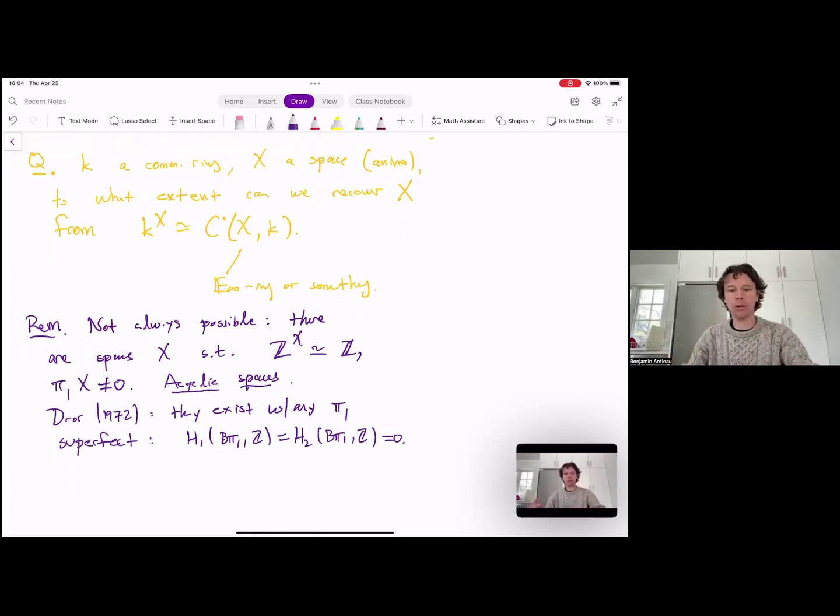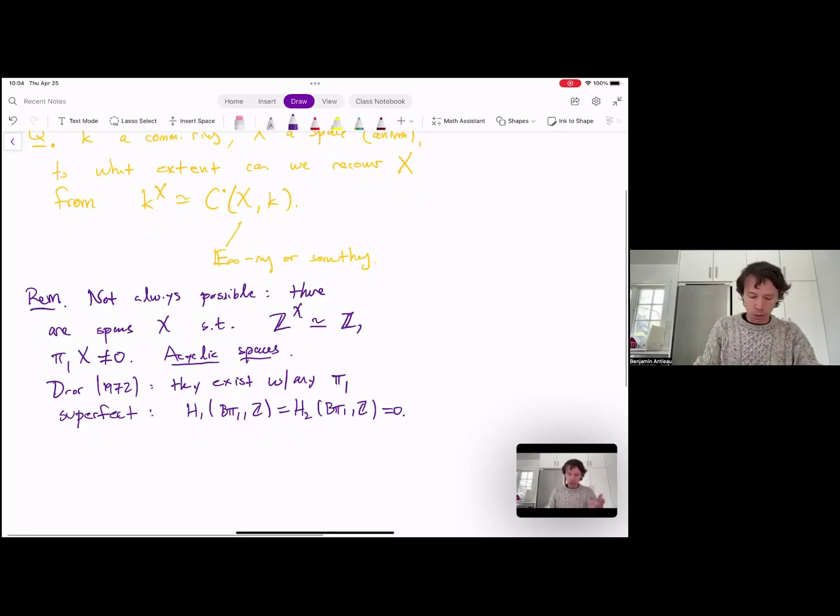And so you're never going to recover these spaces from their cohomology ring, obviously, because it just looks like a point. Or another example, you could take Q cochains of a space like K(Z/p, n).